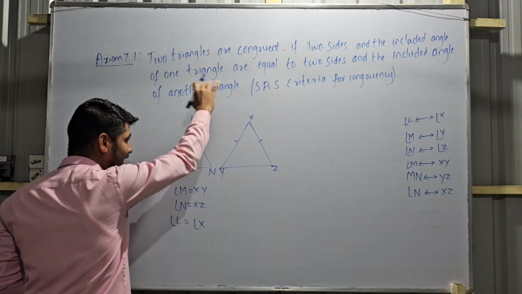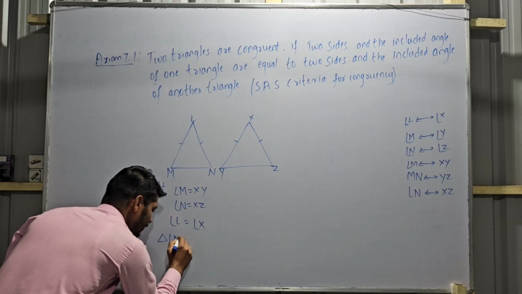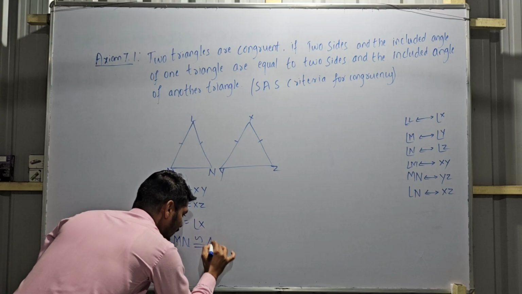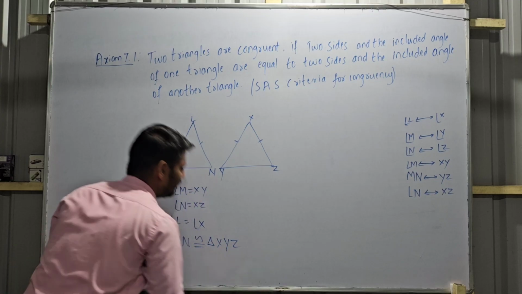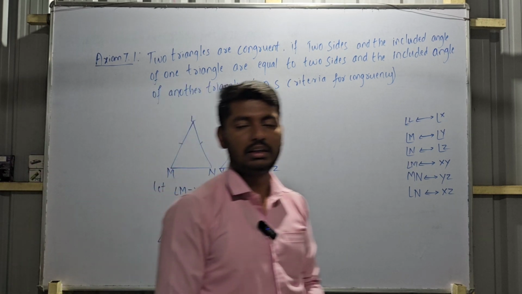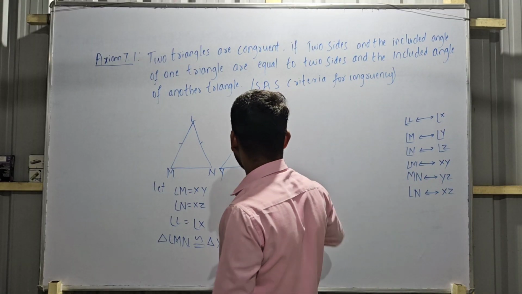Then by this criteria we can say this triangle LMN is congruent to triangle XYZ. Okay, so by the criteria we can say that LMN triangle is congruent to triangle XYZ.